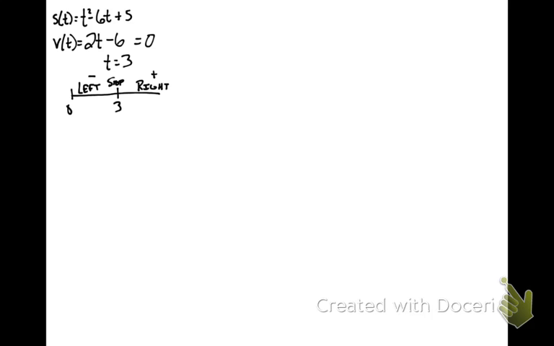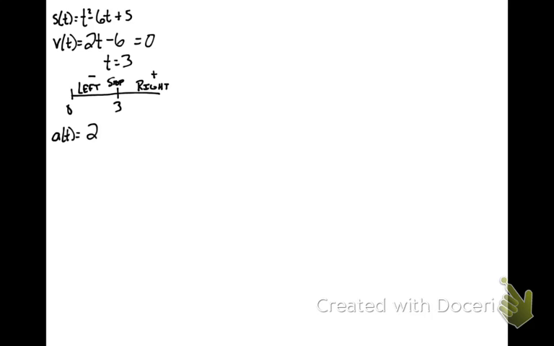Now some other things we can know. We know that the acceleration is just the derivative of the velocity function. So acceleration is, again, just 2. And now we can know some things about this. We know that it's always accelerating. It's never 0.